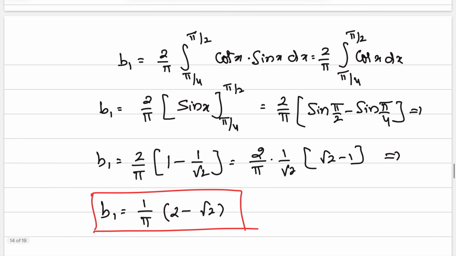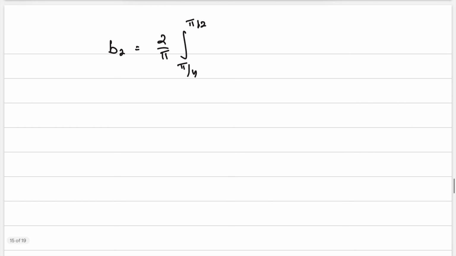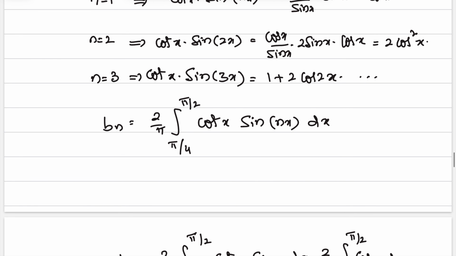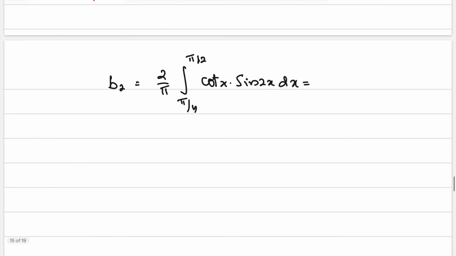B2 will be 2 by pi into integral pi by 4 to pi by 2 cot x into sin 2x dx, which we have already done. Cot x into sin 2x is equal to 2 cos square x.